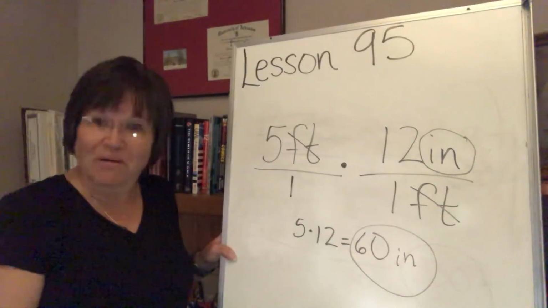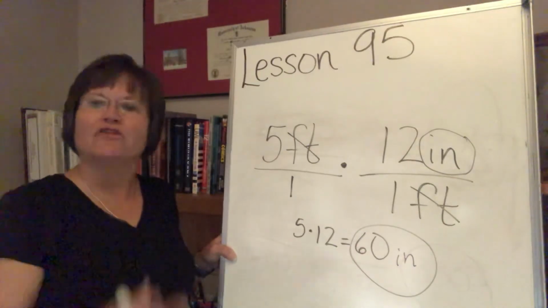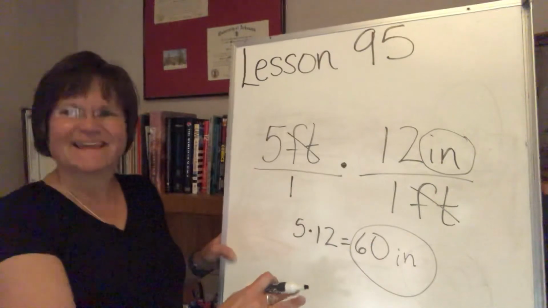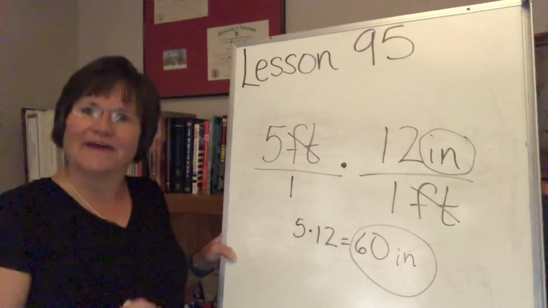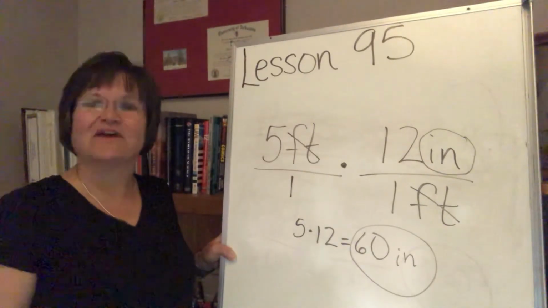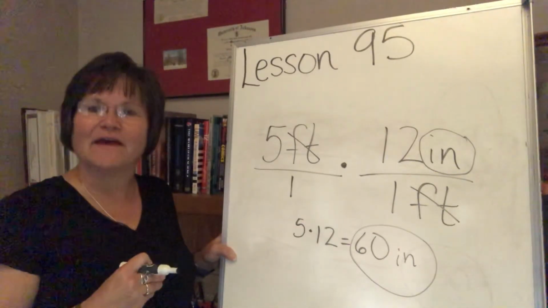That will cause problems for you in your math, and your math will take you twice as long. So slow down, take your time, write it out neatly, show your work, and get it right the first time. Then you can move on and you will be able to do other things with your time. So take your time, be neat, do the best that you can.